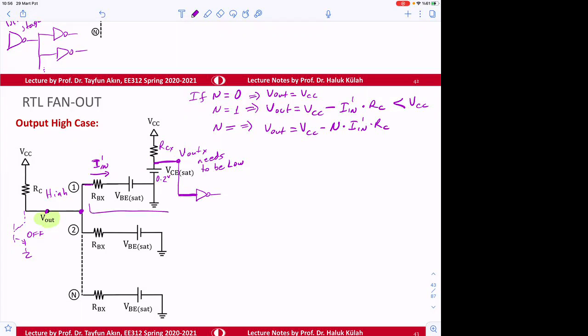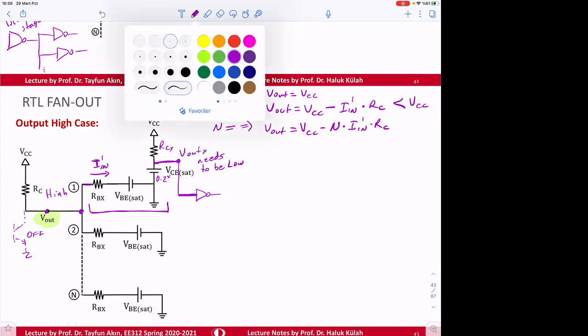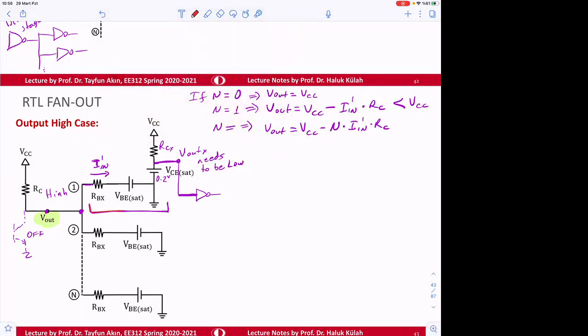For this gate, maybe I should use a different color here. Okay. For this gate, we want this to be in saturation output. So it is a similar gate to this one, but the transfer function, remember, was like this.